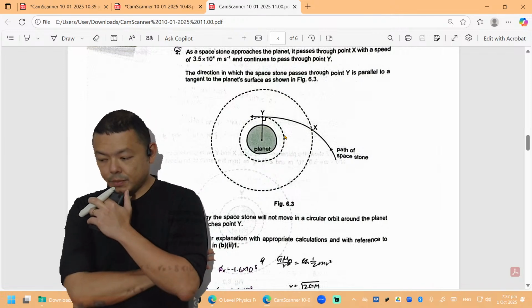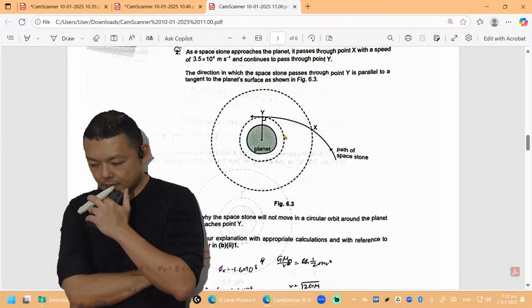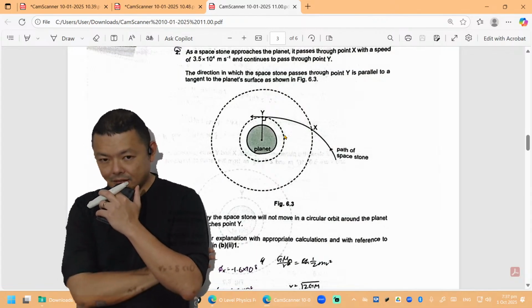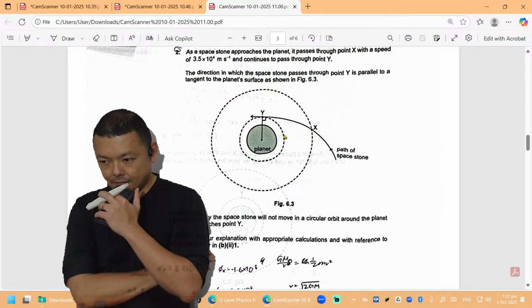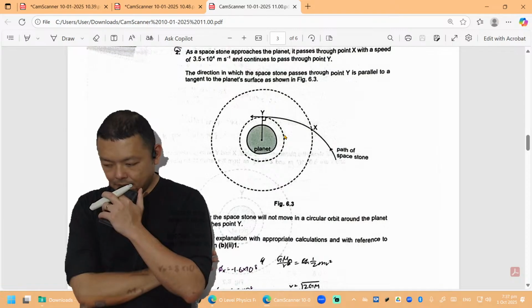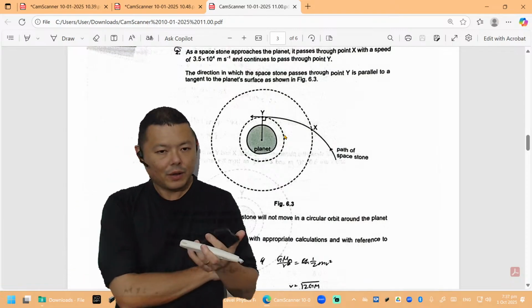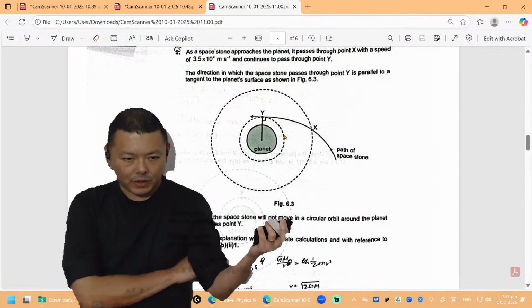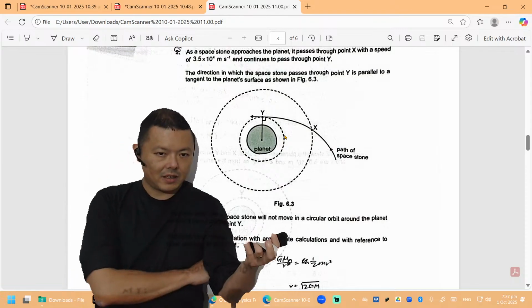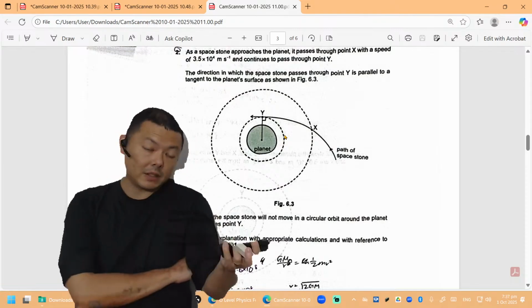It's not equal to the orbital speed. Wait, hang on. What's your answer for this? Will it orbit or not? It won't orbit, and the reason is it's greater than the escape speed. You say escape speed. Okay, that's fine also actually.